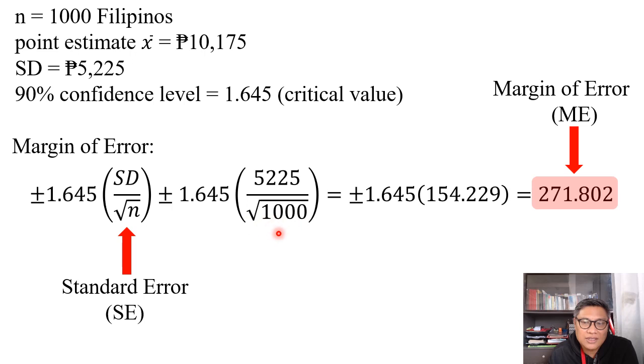So you have to take the square root of 1,000, then you divide it from 5,225. So I have here 154.229. I just rounded to 3 decimal places. So this is the value of the standard error. Multiply this with the critical value. The result is your margin of error, which is 271.802 pesos. So this is now in terms of pesos. So therefore, we already have our margin of error.